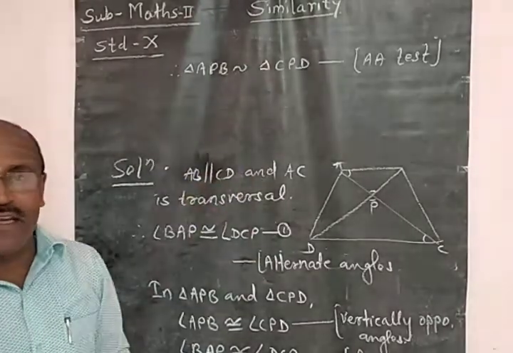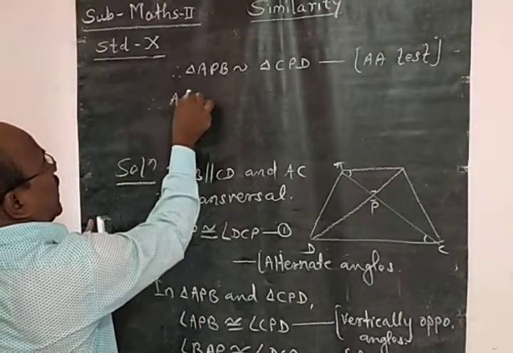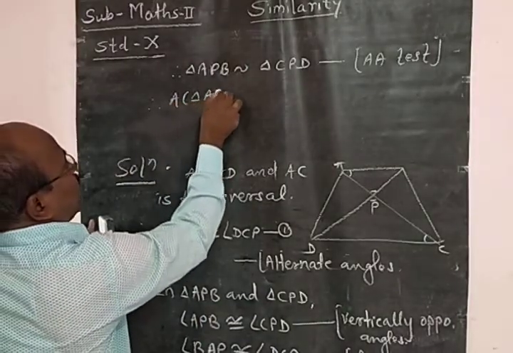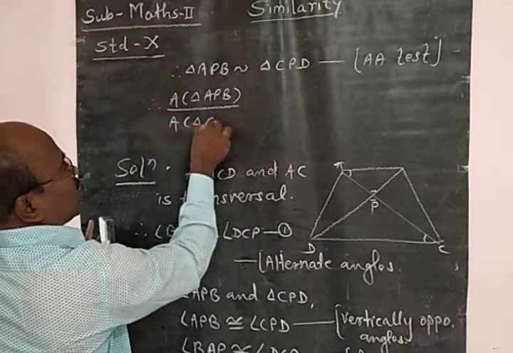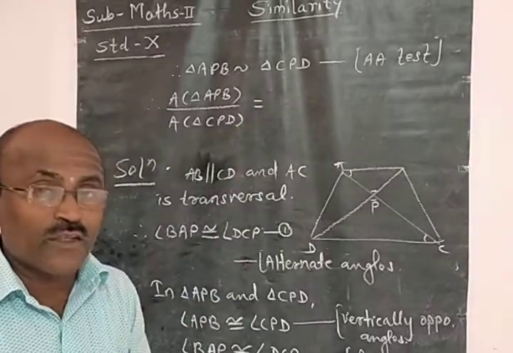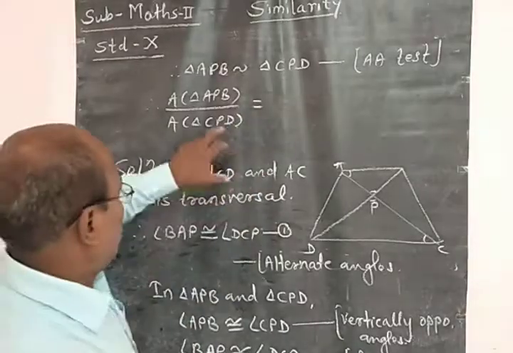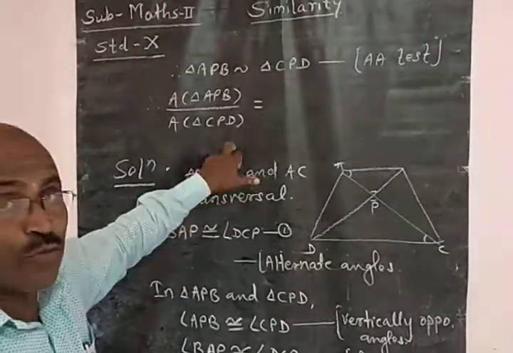Then use the theorem of similarity of two triangles. Therefore, area of triangle APB divided by area of triangle CPD is equal to which corresponding side is to be proved here? AB square upon CD square is to be proved.